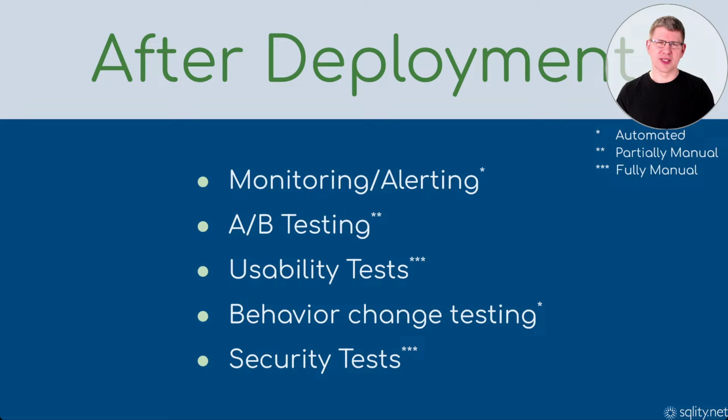Is the system performant? Is it working? Is it up? You want to monitor those metrics and then set up alerts that alert you if something isn't working as expected, but be careful with those alerts. Make sure they're actually meaningful and not just noise that people start ignoring.